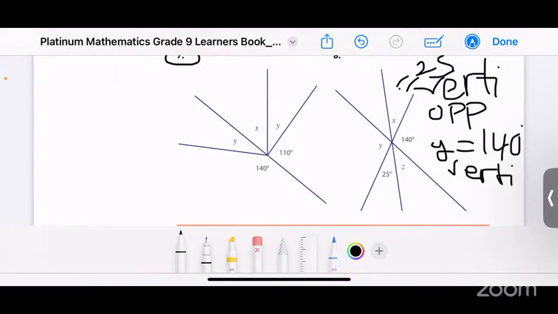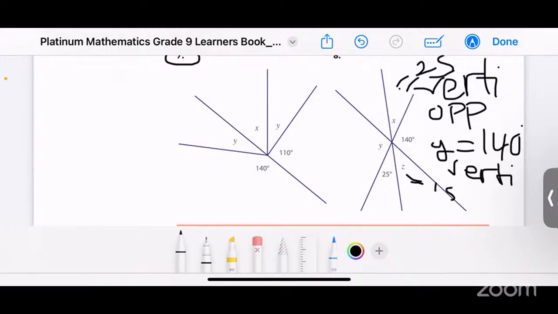Z. We are now saying 25 plus 140 from 180. What is the remainder? 15. Z is equals to 15.